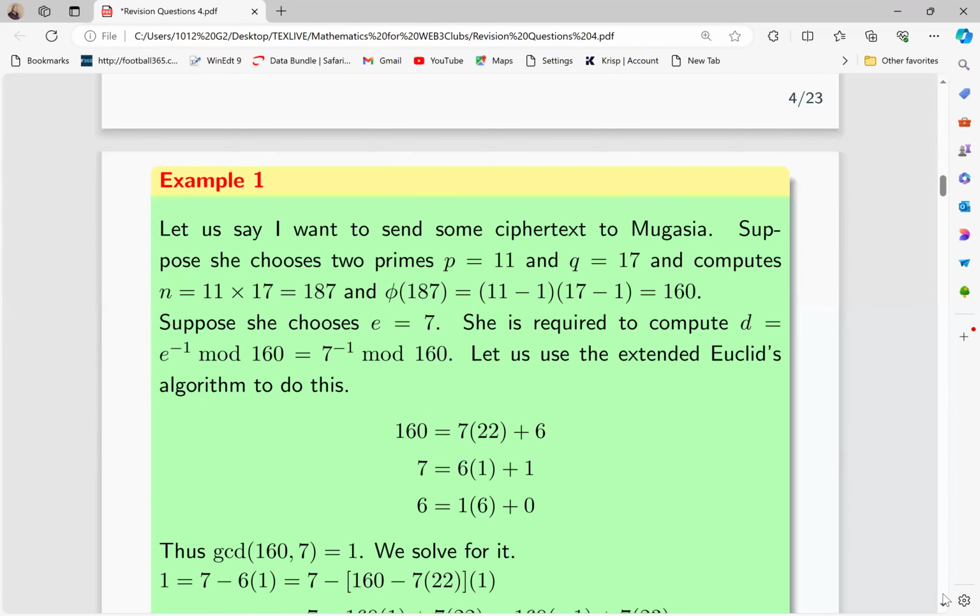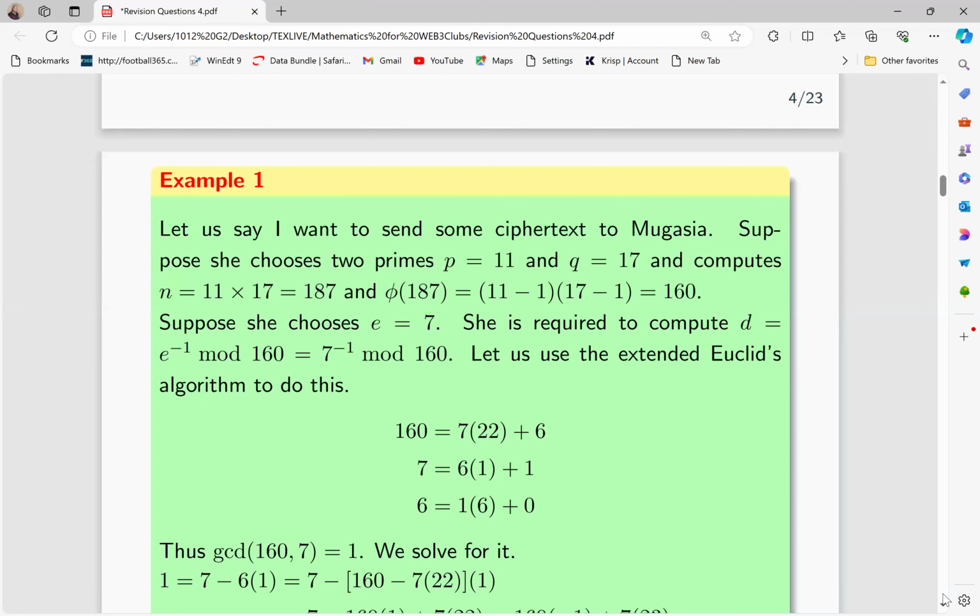And in fact, it's Mugasia again who will come up with a private key. My role will just be to encrypt the message I have. I'll be waiting for her public key. I go look at where her public key is because she made it public. I check whether it's on her website or in whichever social media.